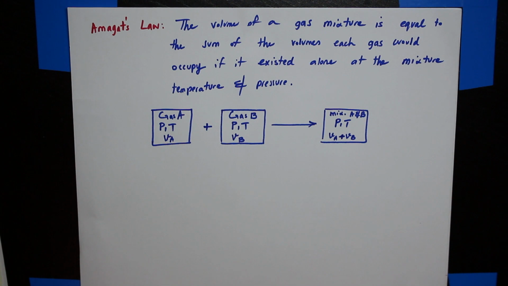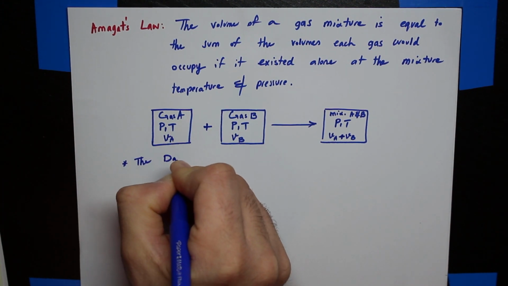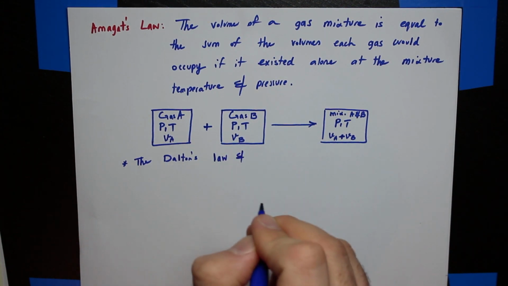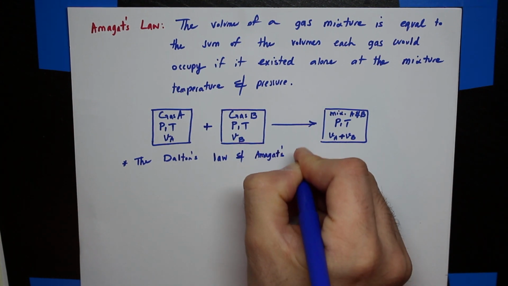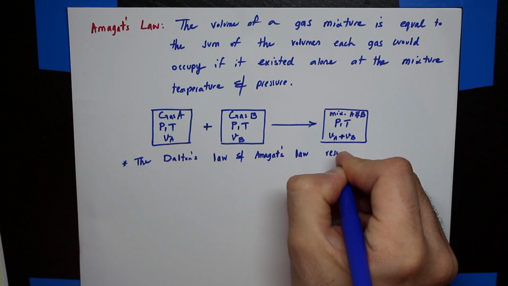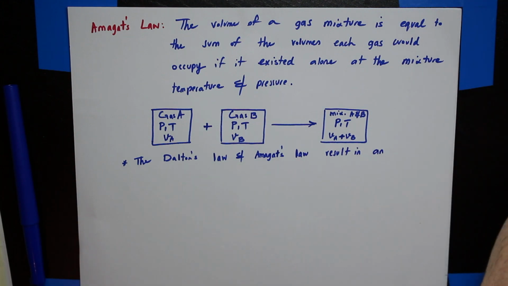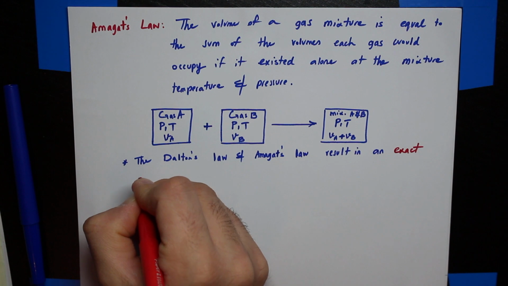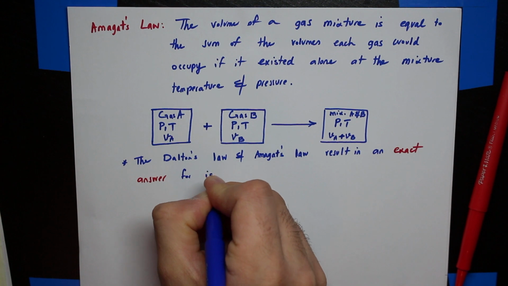There is no approximation when it comes to ideal gases.